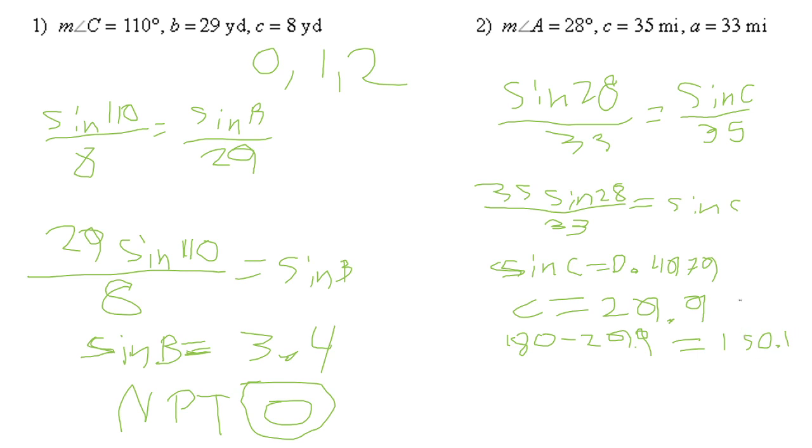Is it possible to have a triangle that has 150 and 28 in it? We add the 28, and we get 178.1. So yes, it is possible. So there are two possible triangles.